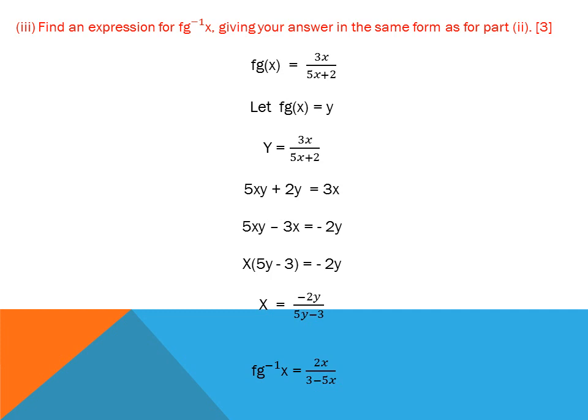I let f of gx equal to y, so y is equal to 3x over 5x plus 2. I cross multiply by 5x plus 2. In this way, I will find that x is equal to minus 2y over 5y minus 3. It will become the inverse of the function. So the inverse of fg of x is equal to 2x over 3 minus 5x.